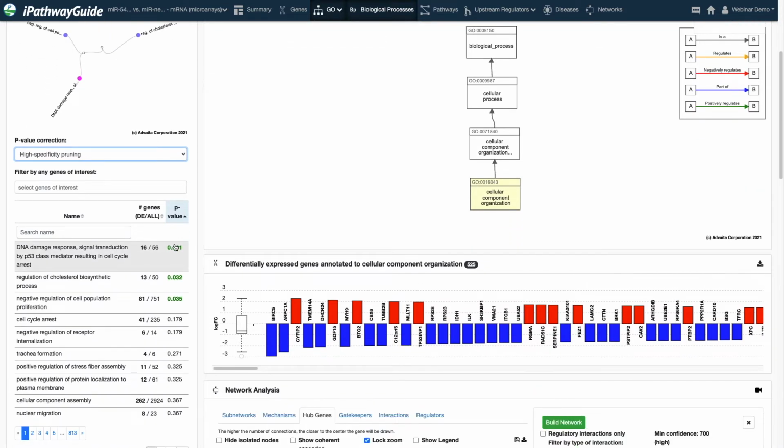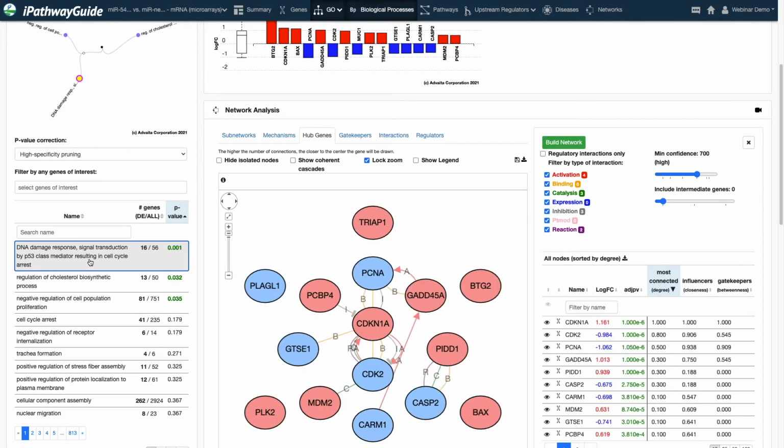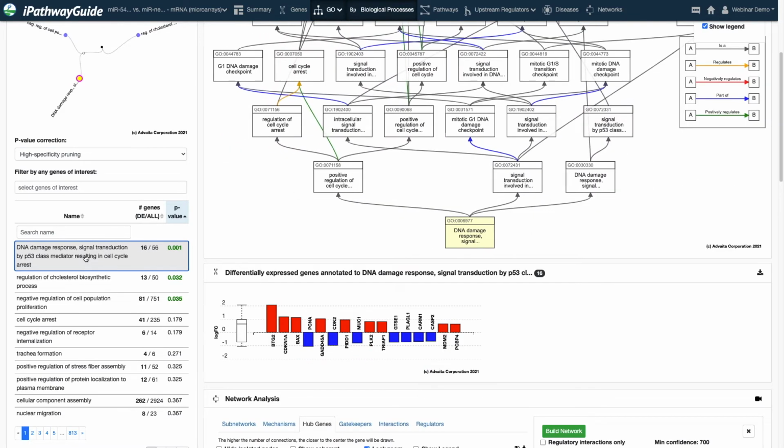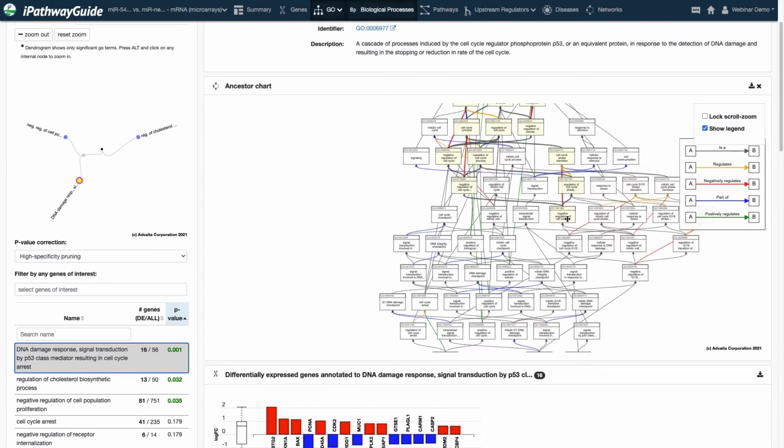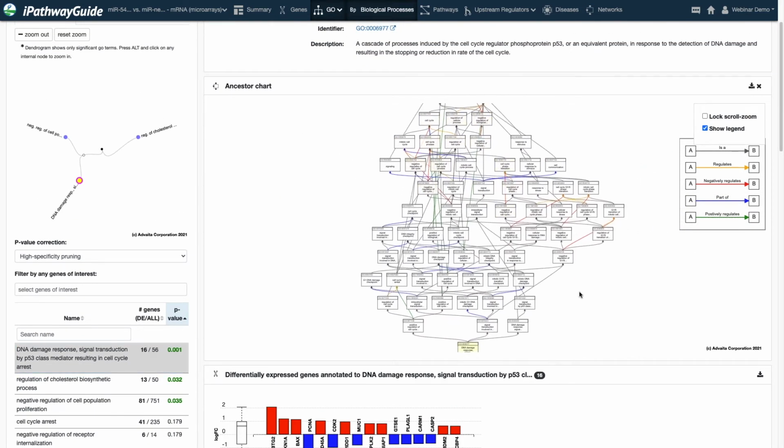And you can see that the first one is DNA damage response signal transduction by P53 class mediator resulting in cell cycle arrest. And you remember that paper said that P53 was activated and that cell proliferation was inhibited. So the third one is negative regulation of cell population proliferation. But you can just see that we're way more specific.